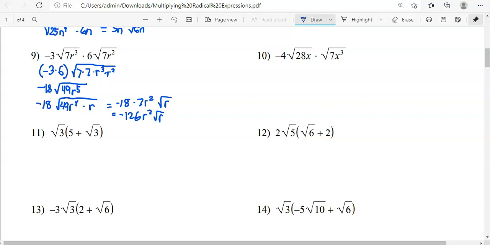So, i-distribute lang natin by multiplying. So, list down muna natin. So, square root of 3 times 5. Then, yung operation nila, kopyahin natin yung plus sign. So, plus. Multiply natin ulit yung square root of 3 by square root of 3.